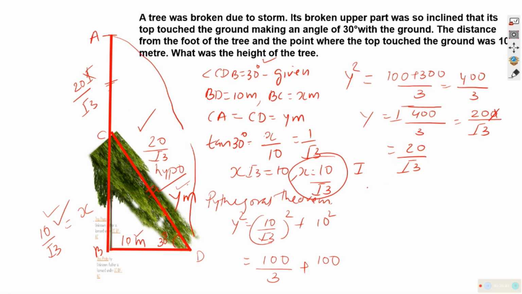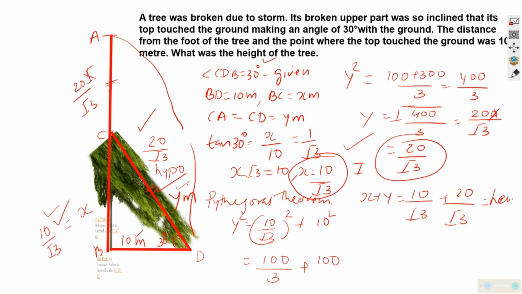So now y you got, x you got. So x plus y is equal to 10 upon root 3 plus 20 upon root 3, which is the height of the tree. Correct? Height of the tree. तो ये कितना होगा? 10 upon root 3 and 20 upon root 3, which is equal to 30 upon root 3.